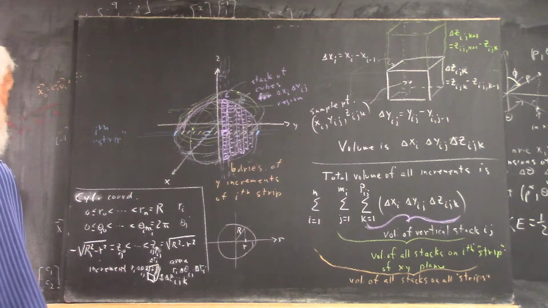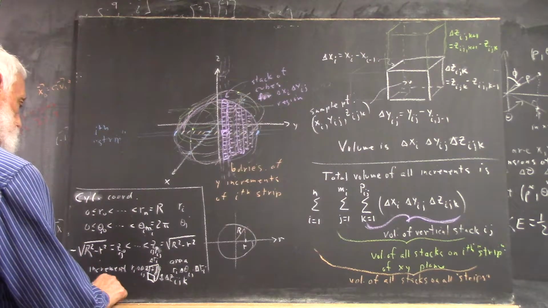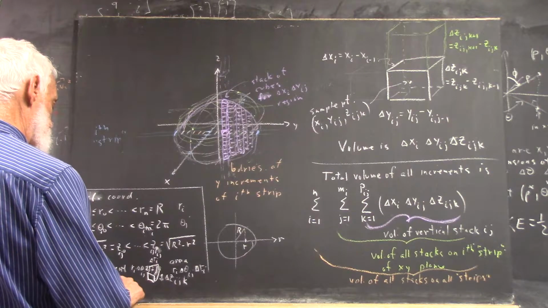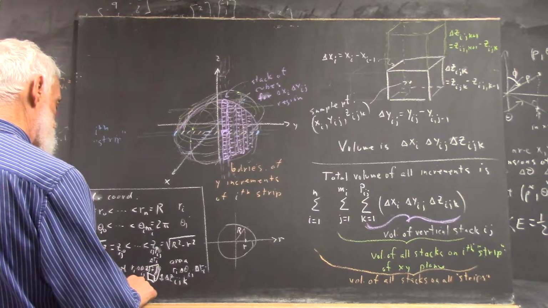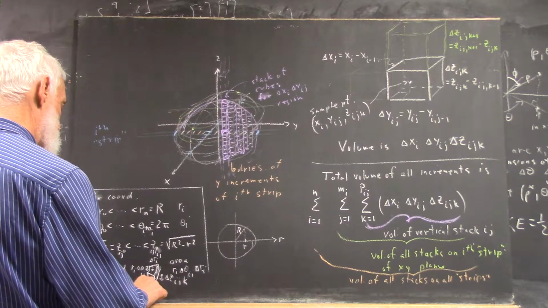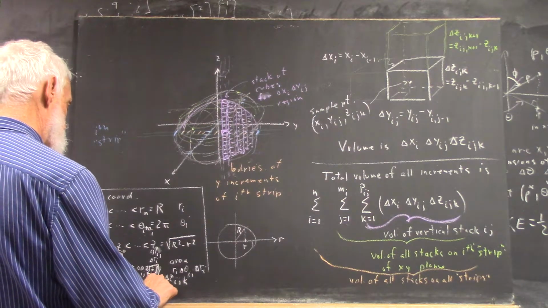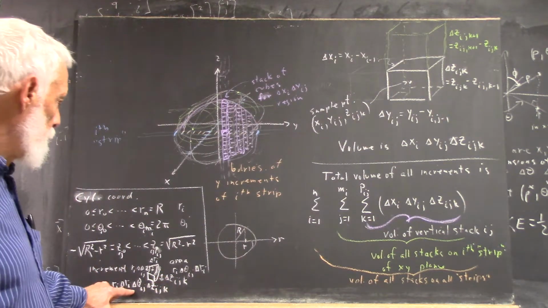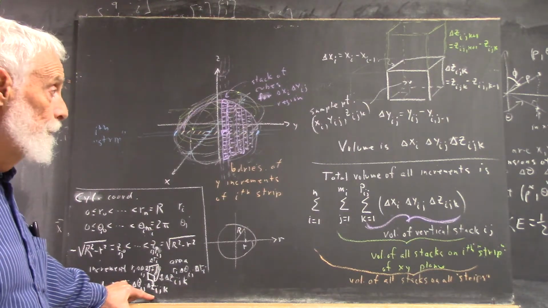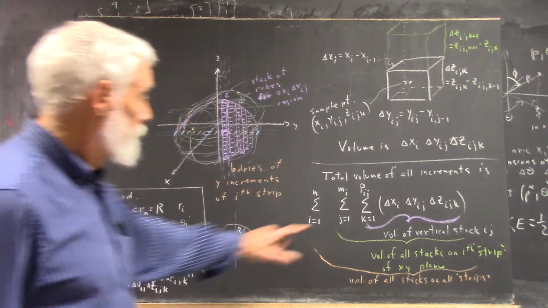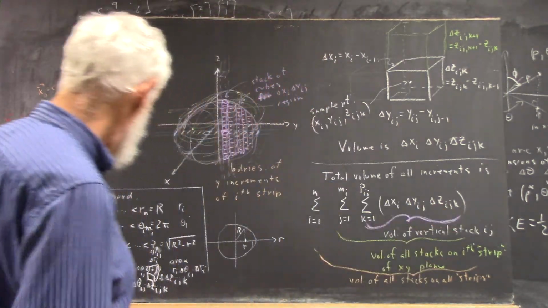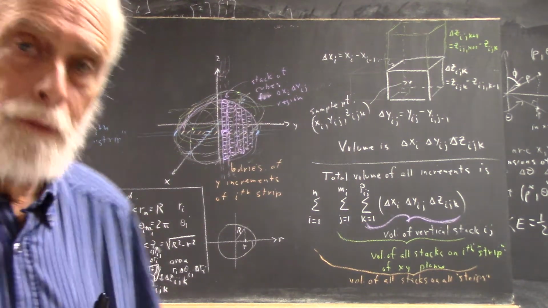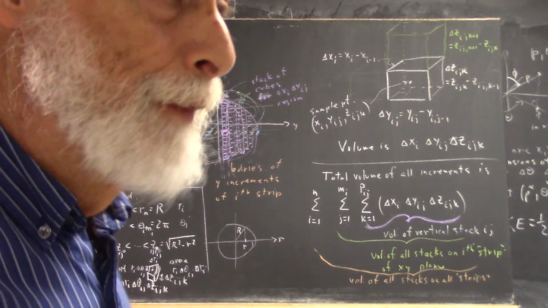So your volume increment is Ri delta Ri, delta theta Ij, delta Z Ijk. Okay? Looks a whole lot like this, except you gotta have that Ri for the Ri delta theta to get this dimension. Okay? Now, you want to think through what you do in spherical coordinates. Let's see how we use this.